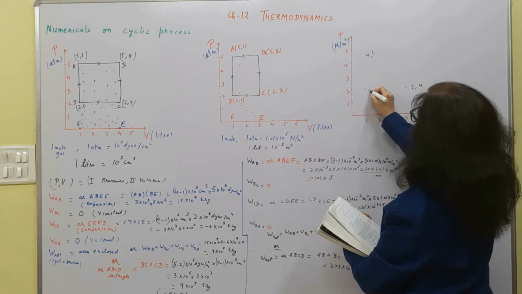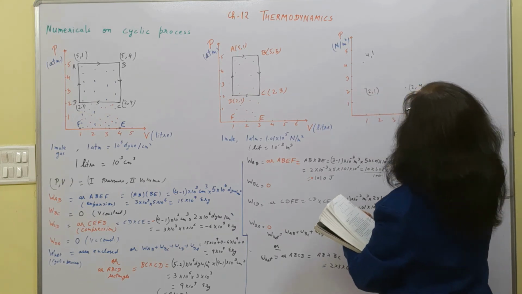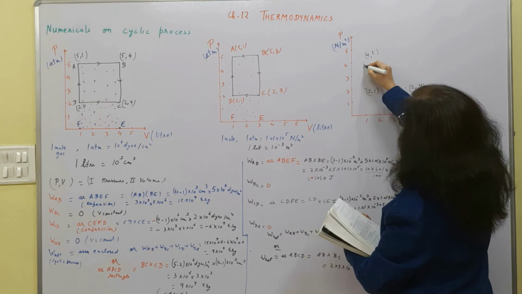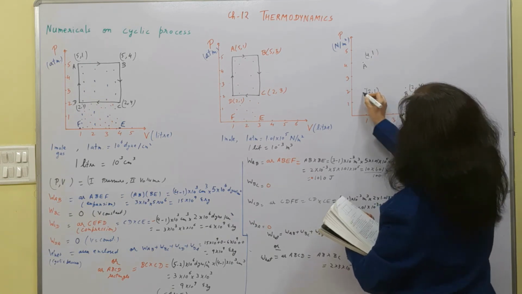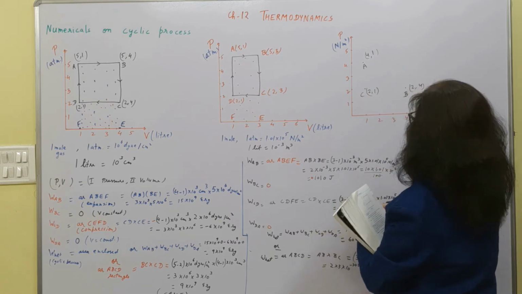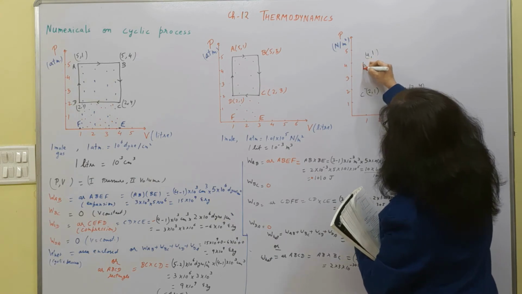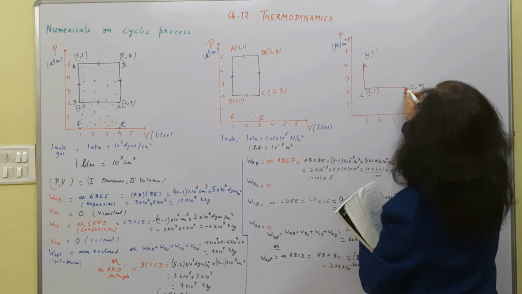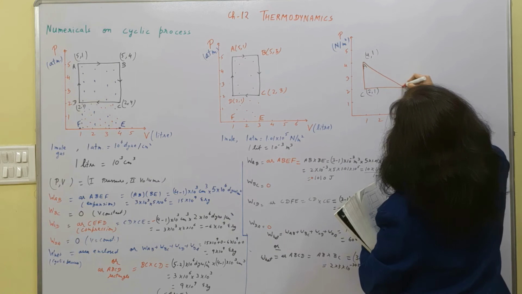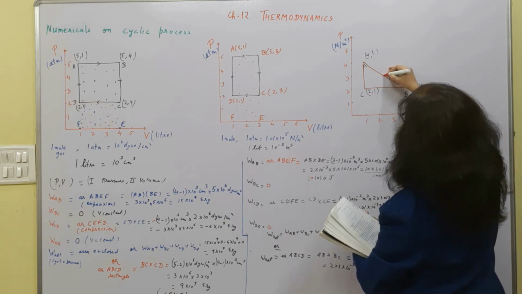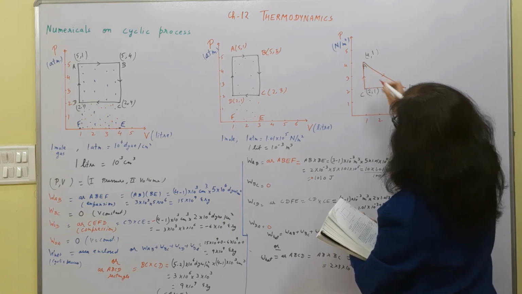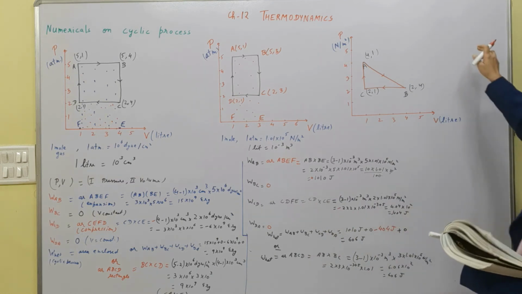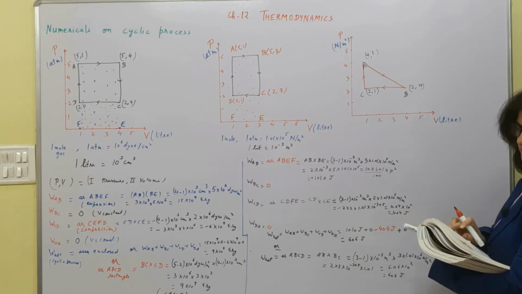And this is 2, 1. This is A. This is B. And this is C. So our triangle will be this one, and the sequence of the process is this way. Right? So for this question, you have to find out.